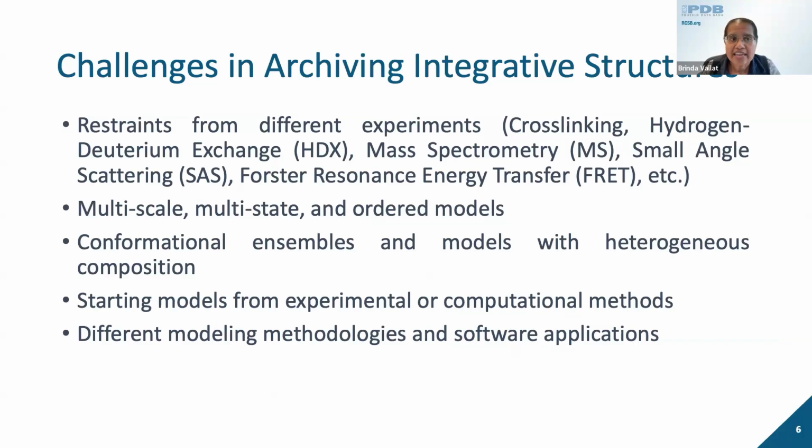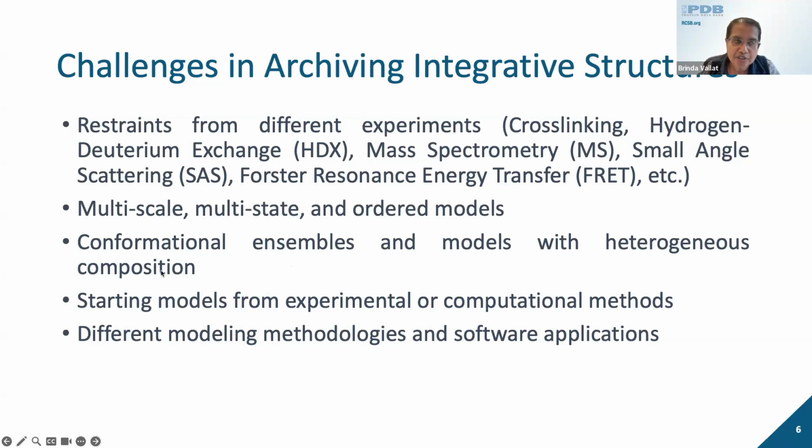And integrative models can be multi-scale or multi-stage, and I will come back to this and explain these concepts in detail. But for now, these are factors that affect how these structures are archived. These models can also be conformational ensembles and models that have heterogeneous composition.